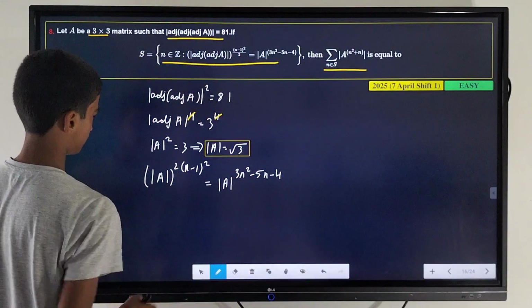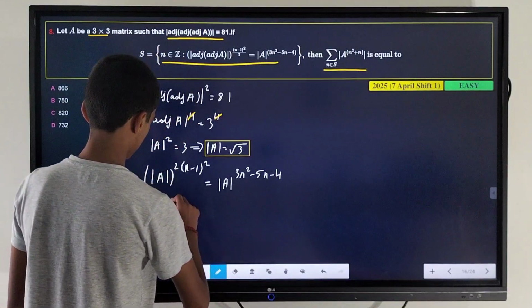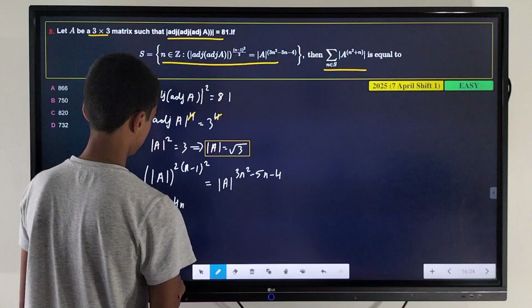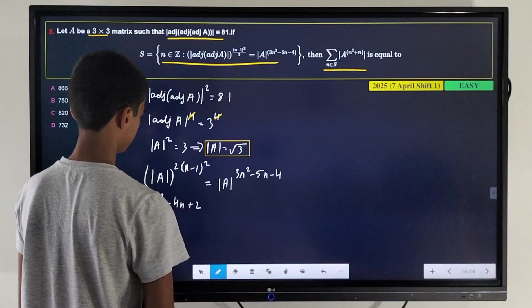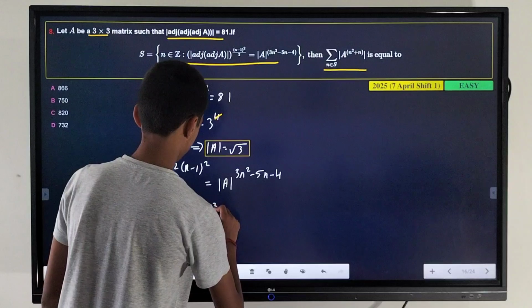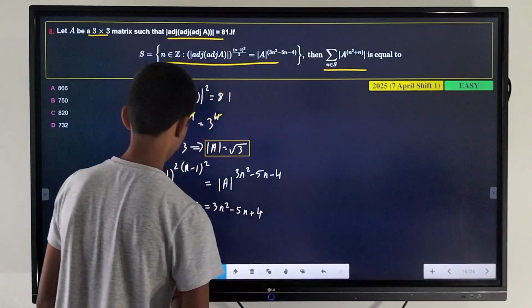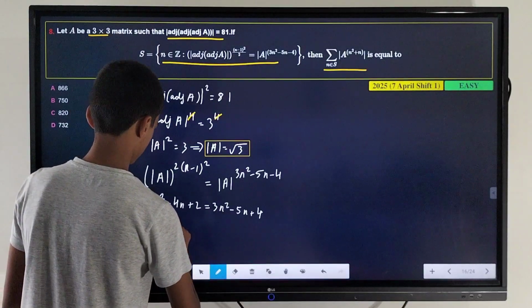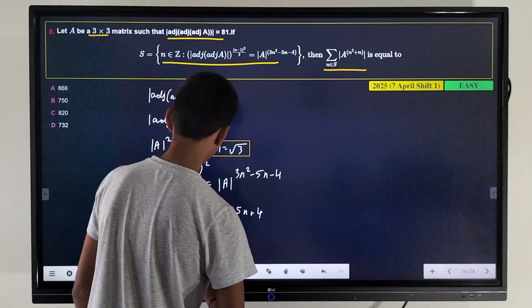Now we will compare both the equations. 2n square minus 4n plus 2 is equal to 3n square minus 5n plus 4. So we will get n square minus n plus 2 is equal to 0.